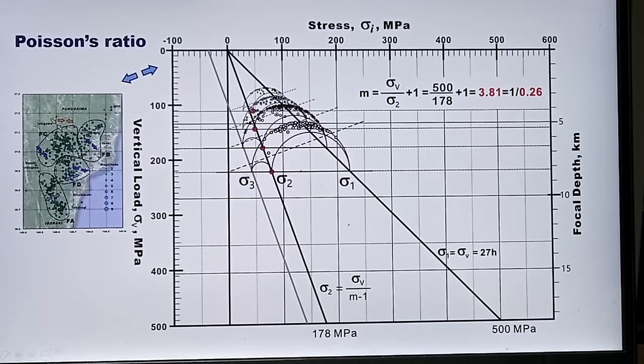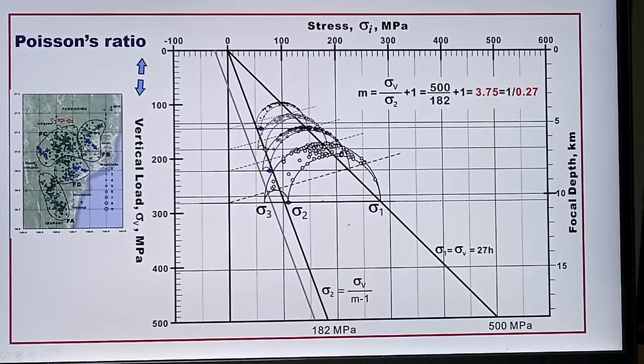Here, sigma 1, sigma 2. Sigma 2 is a function of Poisson ratio. So in A cluster, we determined the Poisson ratio as 0.26. C cluster here, Poisson ratio was calculated as 0.27.